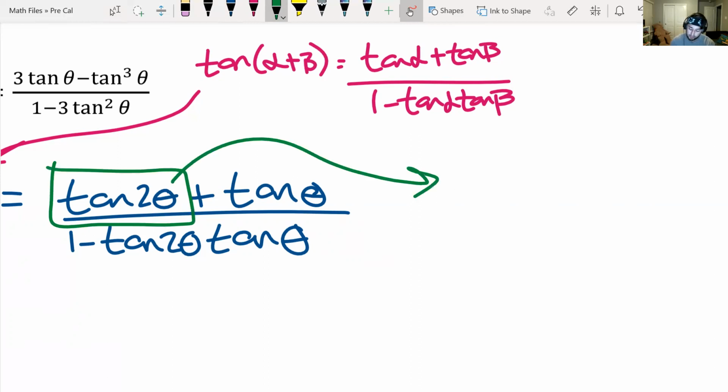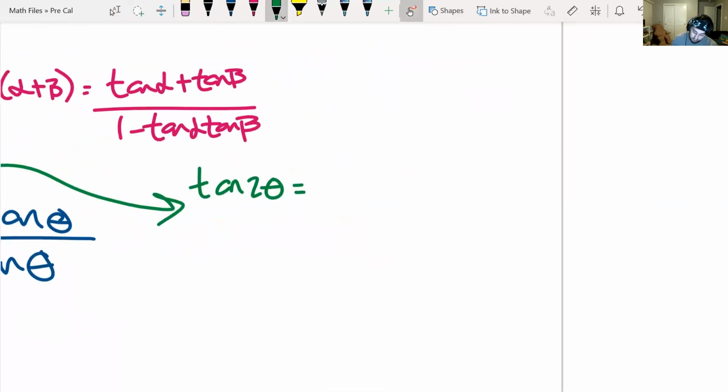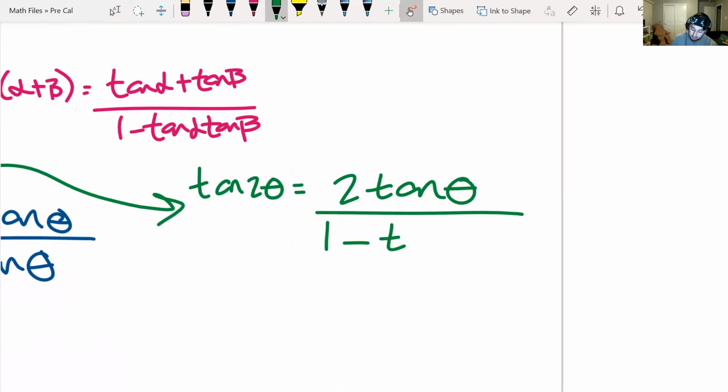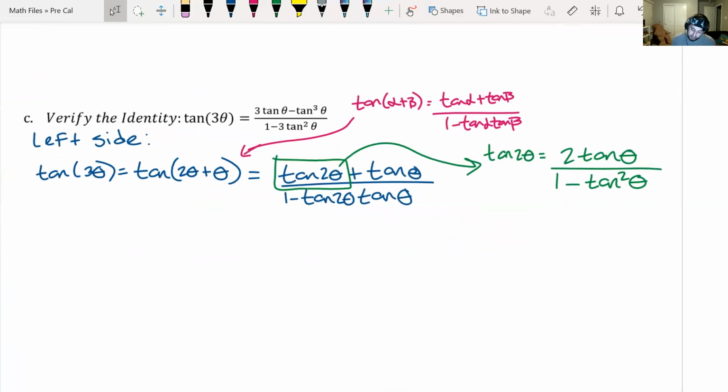So tangent 2 theta is the same as 2 tangent theta over 1 minus tangent squared theta. So that's what we're going to use here. I've got enough room to leave all those markups here. So that's what it's going to become.